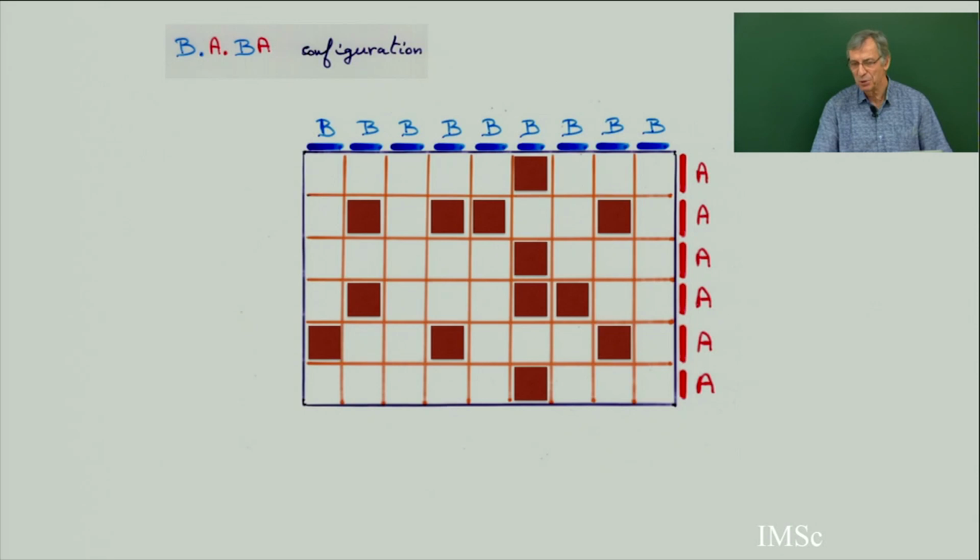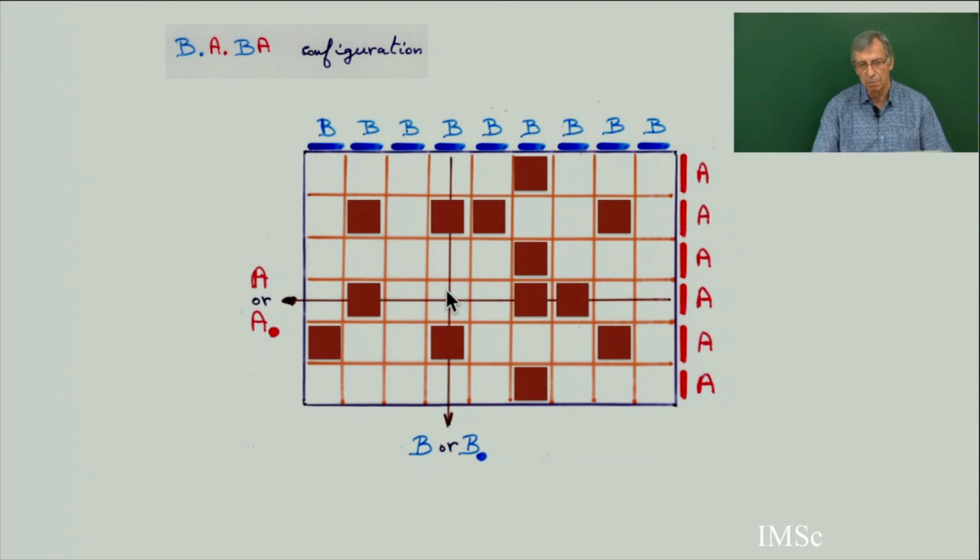Usually in physics, the examples are many examples with rectangles. And it's better to start maybe with B, B, B, B, B, B, B, A. And then you take any subset of this rectangle, and then for the border condition, you have to compute what the value of the border is. Then you will have here A or A point, according to whether the number of bound cells is odd or even.